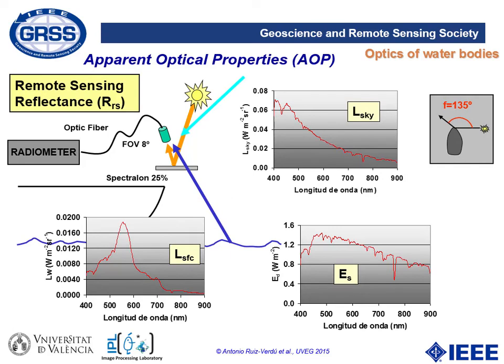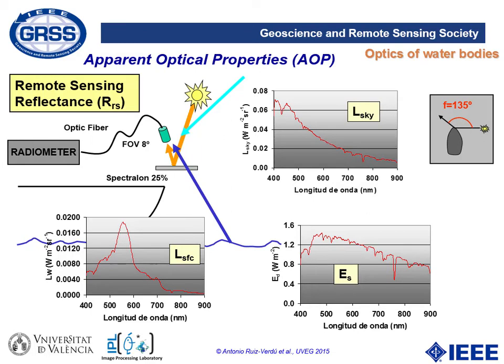On the right, I also represent the optimum measurement condition to avoid very high reflection of sunlight in the water surface.